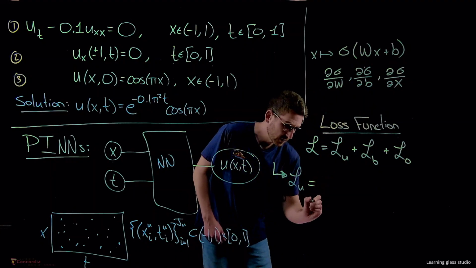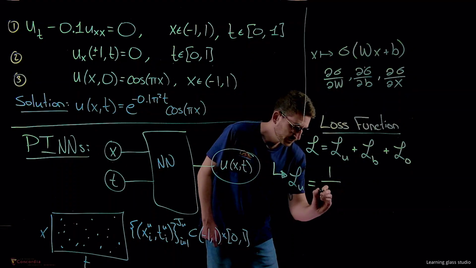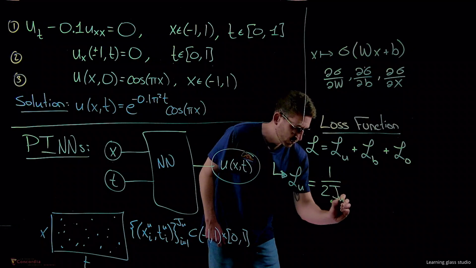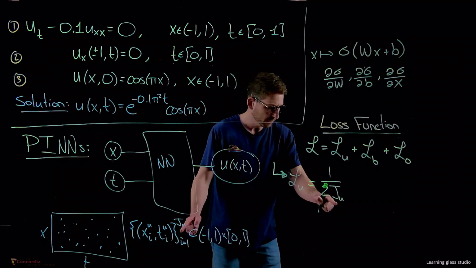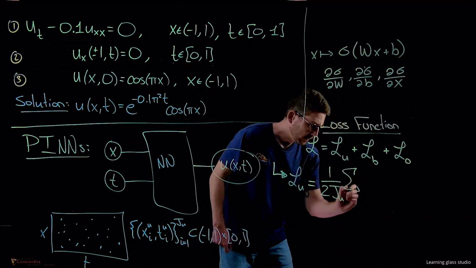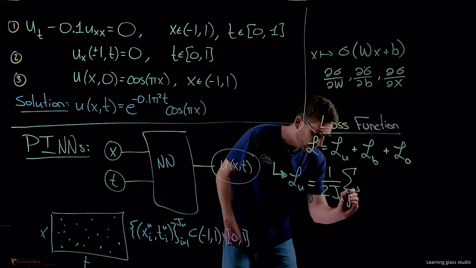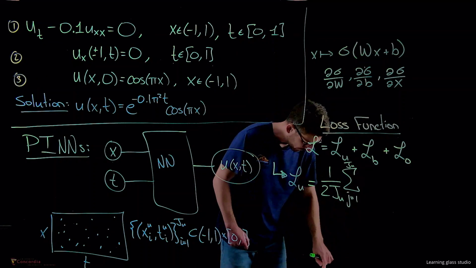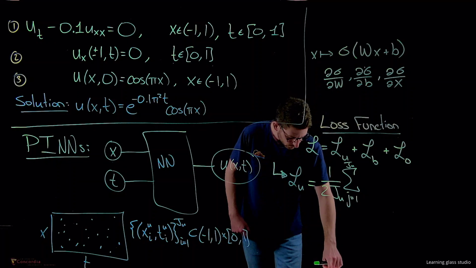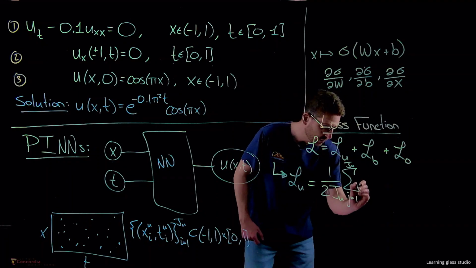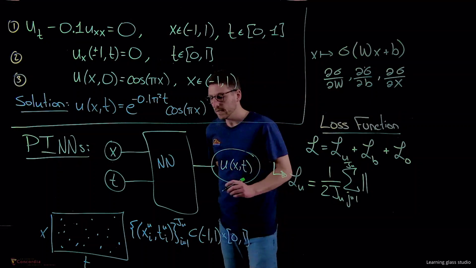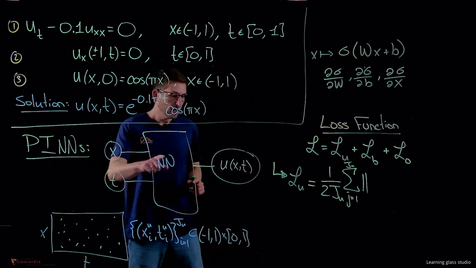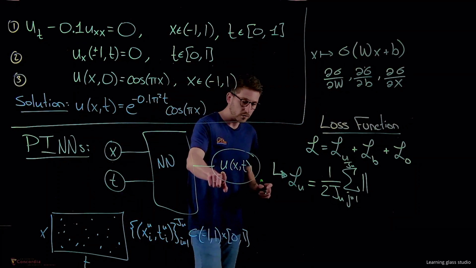Essentially, I'm going to take 1 over 2J_u, normalizing by the number of points you have. Then I'm going to sum over all of these points, j from 1 to J_u, and look at the neural network loss at each of these points. I'm going to use u to represent the neural network.